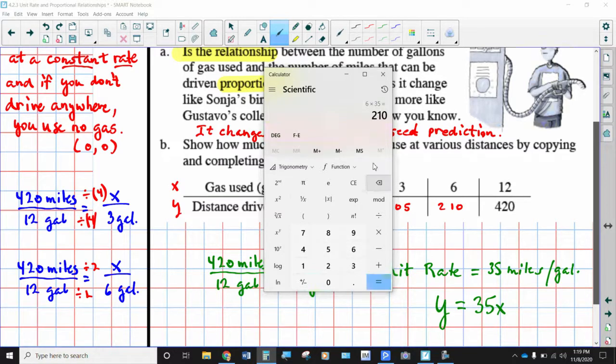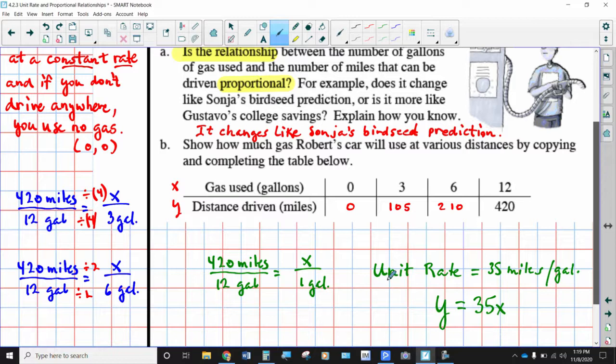It's 210. So you can use a unit rate. You can set up a table and figure it out this way. You can use proportional reasoning and look for giant ones, or what we didn't do is we could have done cross multiplication as well. There are a lot of different strategies that you can use, and you just decide which one works best for you.